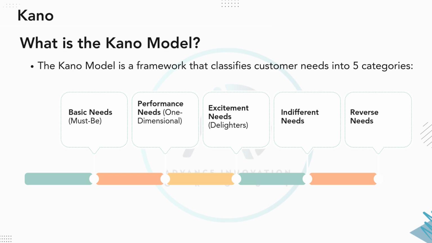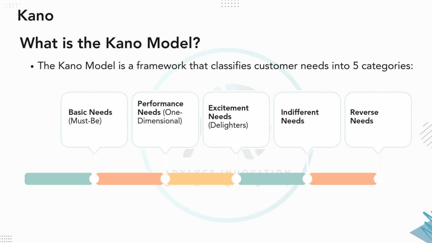Performance needs, one-dimensional. These are features where customer satisfaction increases linearly with performance. The better you deliver, the happier the customer. Excitement needs, delighters. These are unexpected features that pleasantly surprise the customer.